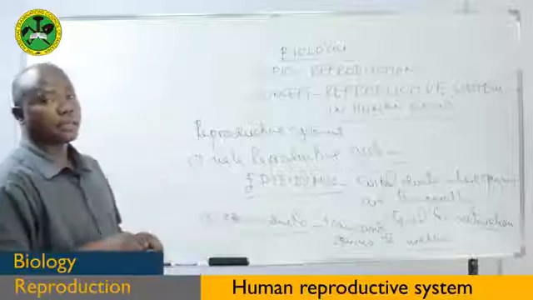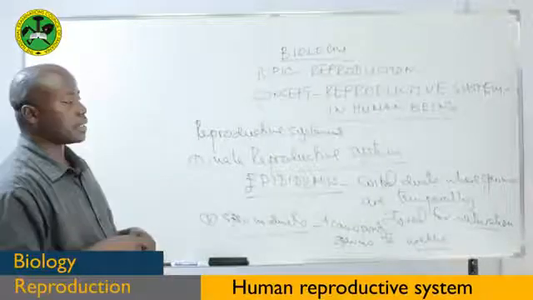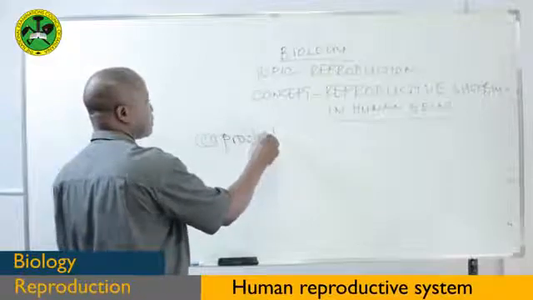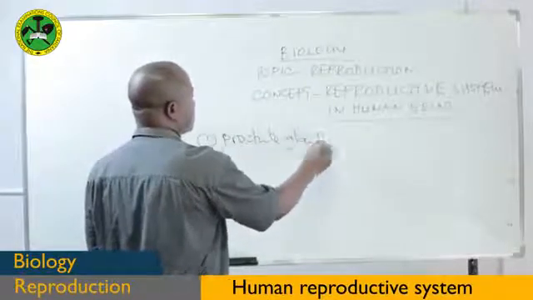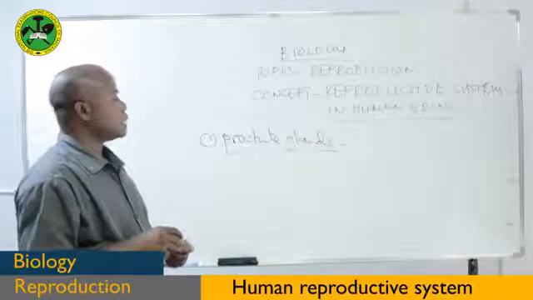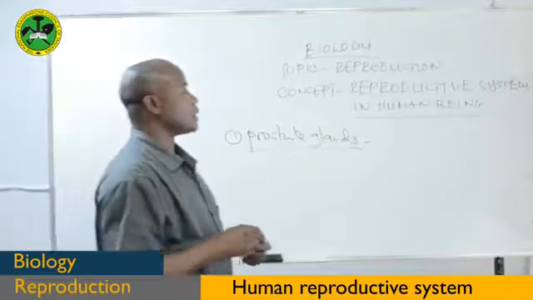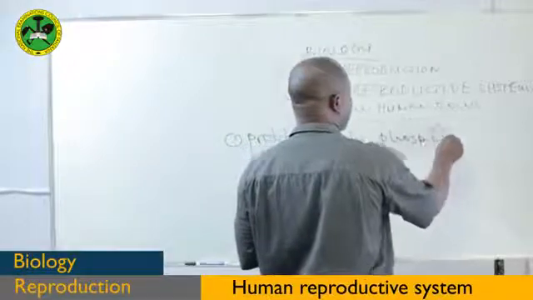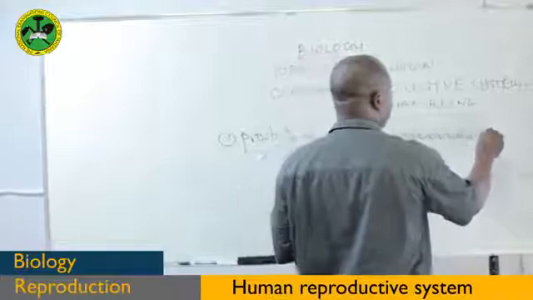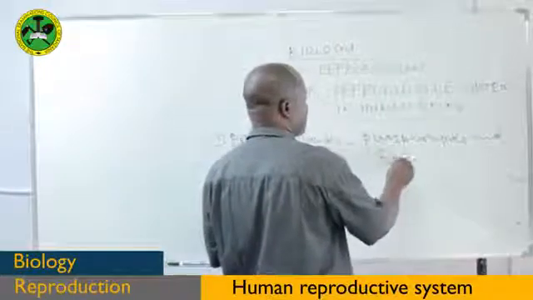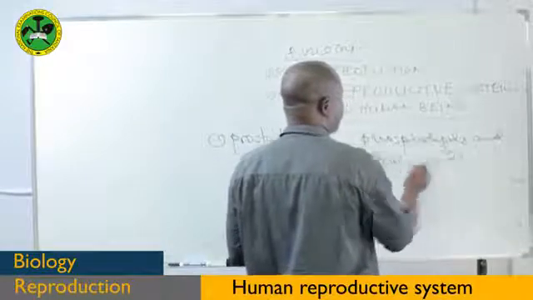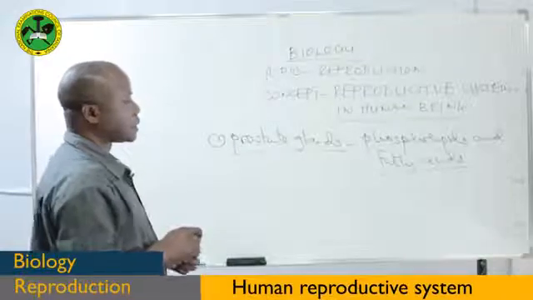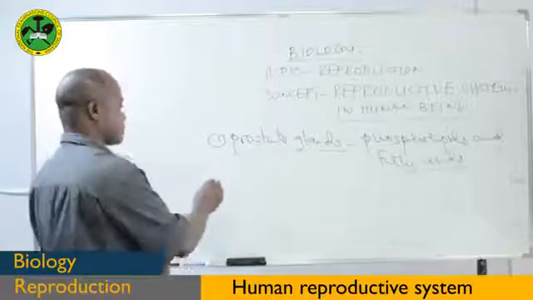But also within the male reproductive system, there are accessory glands. This includes the prostate gland. The prostate gland produces fluid that contains phospholipid and fatty acids. These nourish the spermatozoa during their transport to the female reproductive tract.